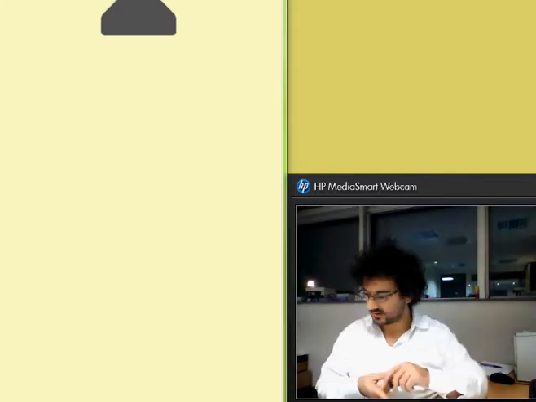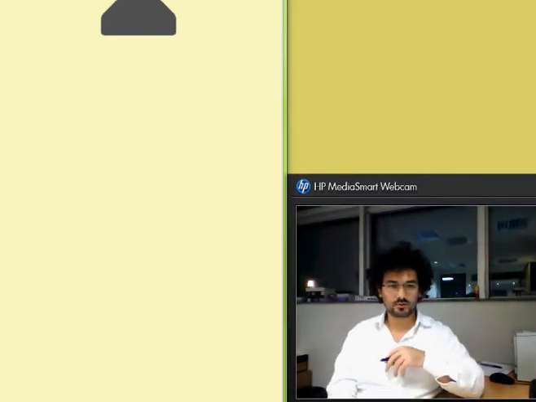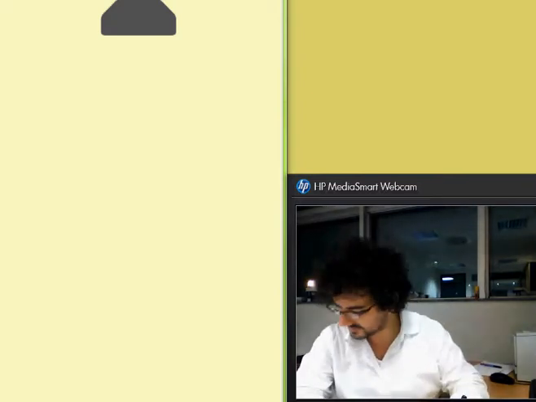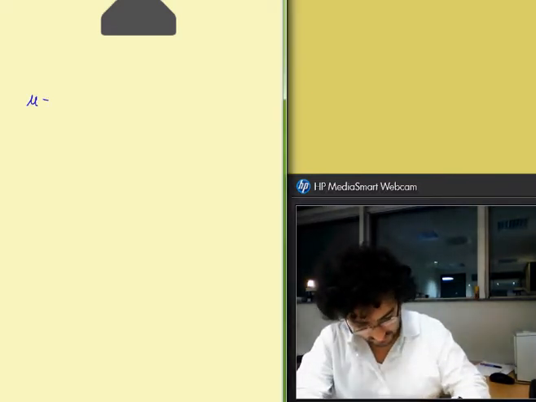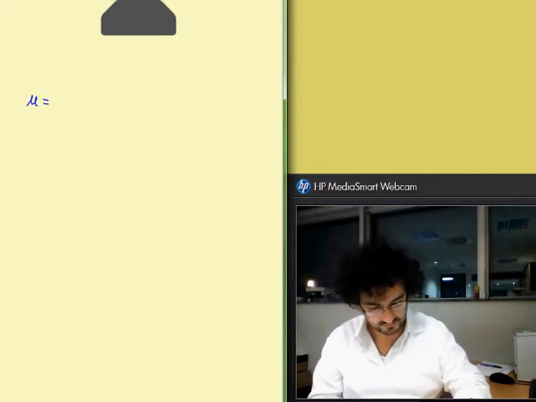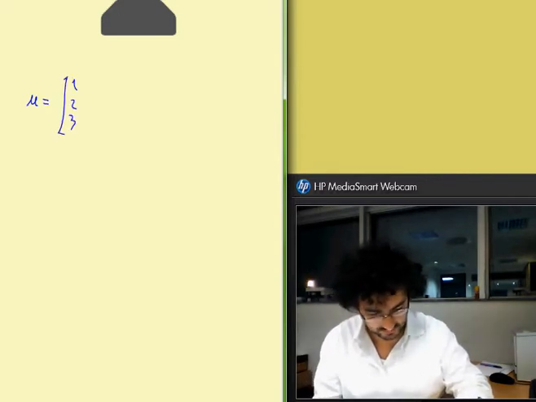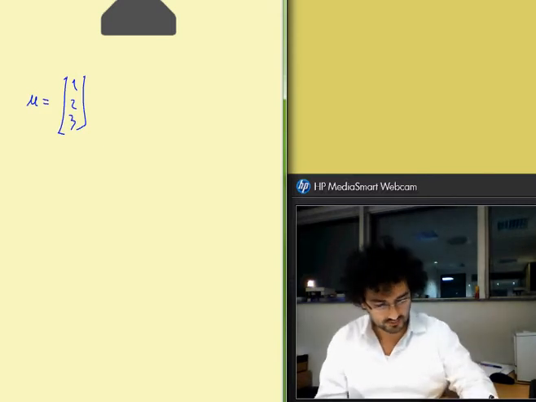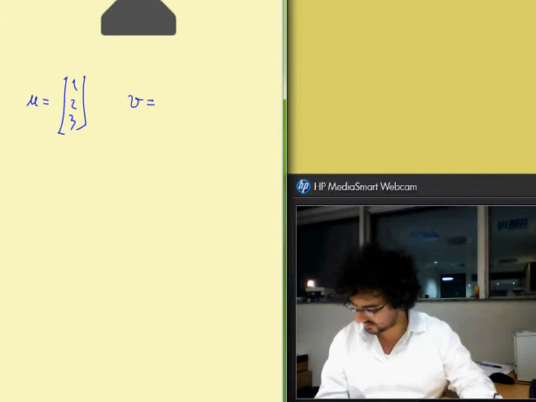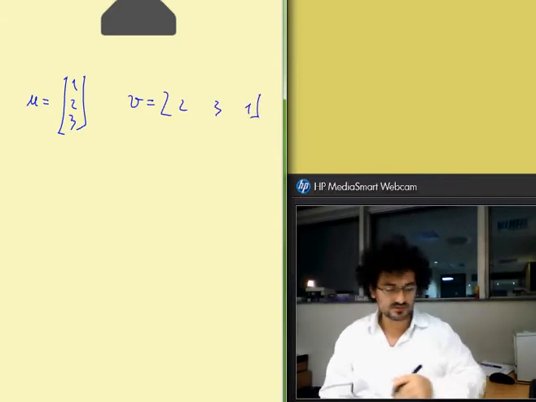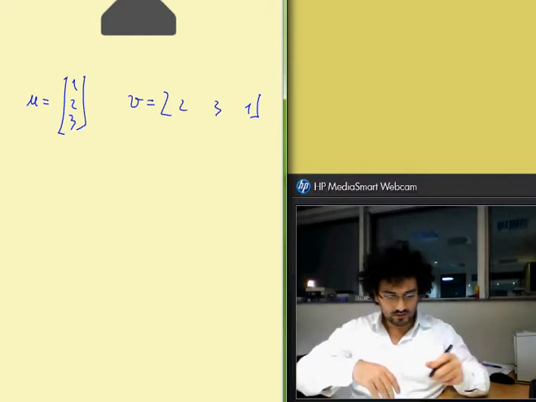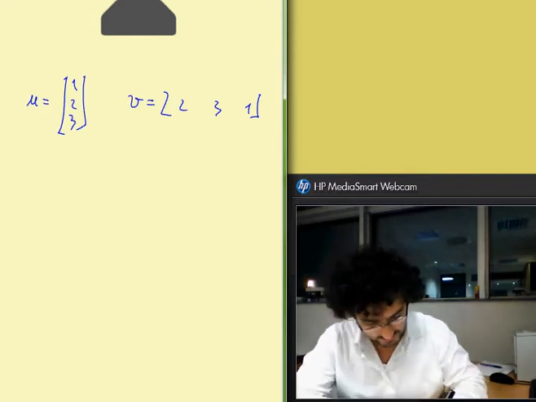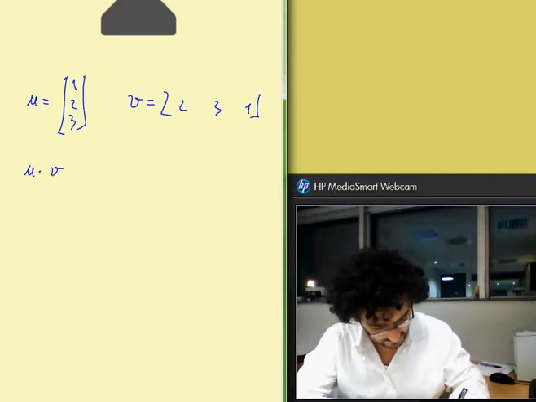We can consider also vectors in order to perform a product. So if, for instance, we consider the column vector U = [1, 2, 3], which is a vector because it's composed just by a single column, and the row vector V, which is, for instance, [2, 3, 1], consisting of just one row, can we consider the product U times V?